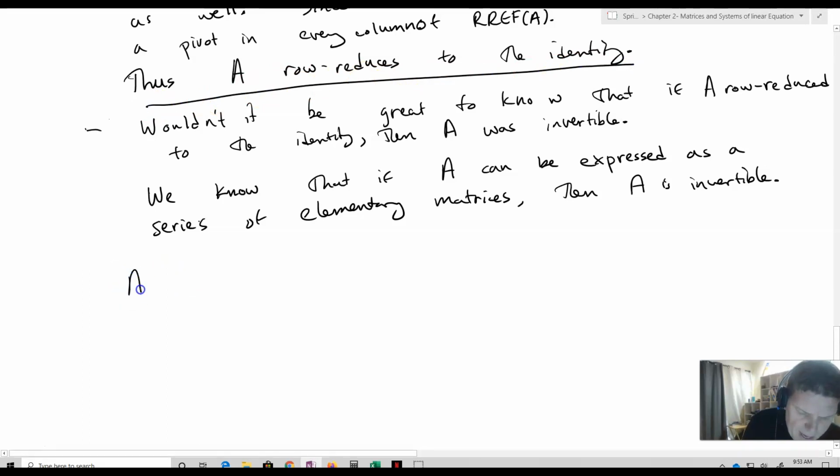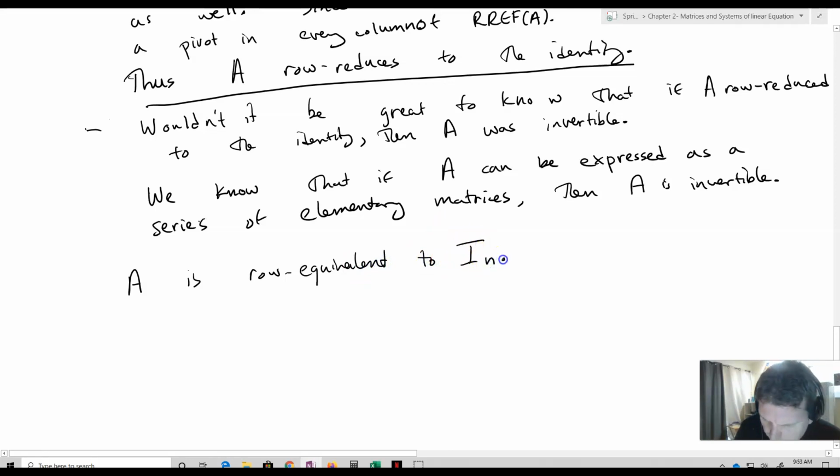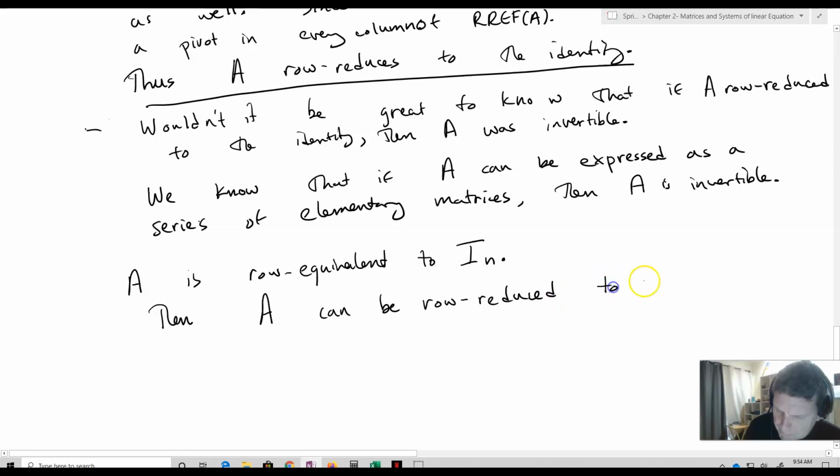Let's say A is row equivalent to I_n, which was the sixth statement that we had in the invertible matrix theorem. If A is row equivalent to I_n, then A can be row reduced to I_n. That's what it means to be row equivalent.